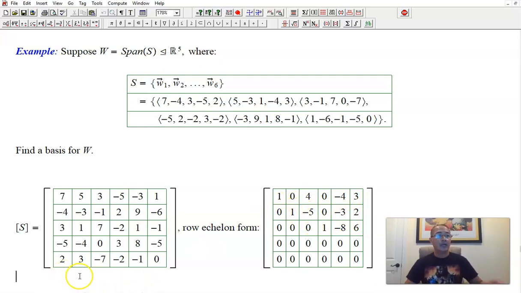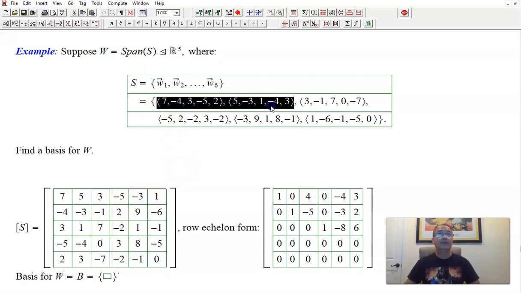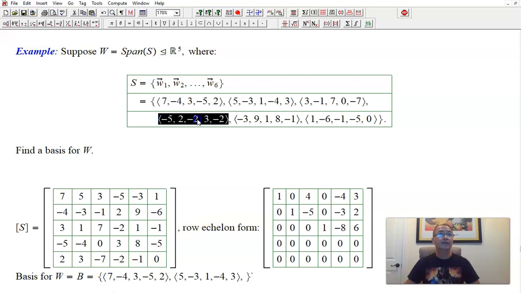So therefore, our basis for W is made of column 1, column 2, and column 4, which are v1, v2, and v4. So these three vectors make up our basis for W. And what is the dimension?